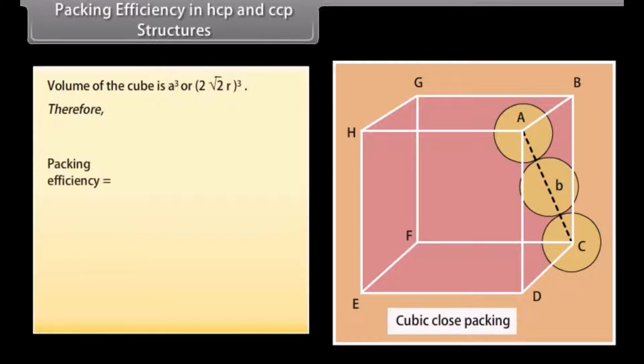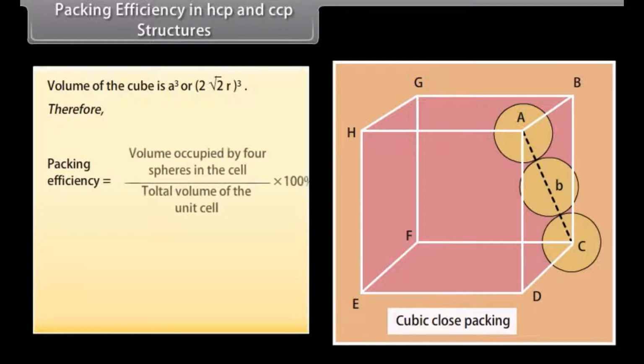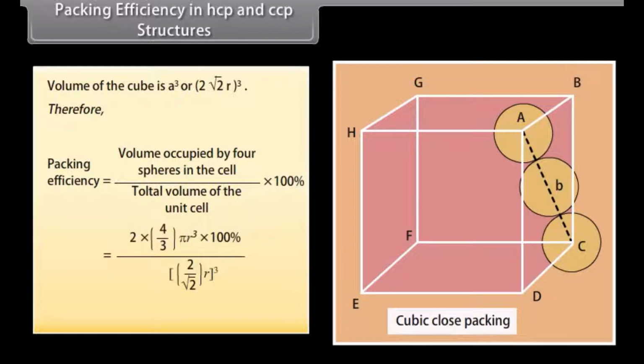Therefore, packing efficiency is equal to volume occupied by 4 spheres in the cell × 100 upon total volume of the unit cell, which is equal to 4 into 4/3 πr cubed × 100 upon (2 square root 2 r) cubed, which is equal to 74%.